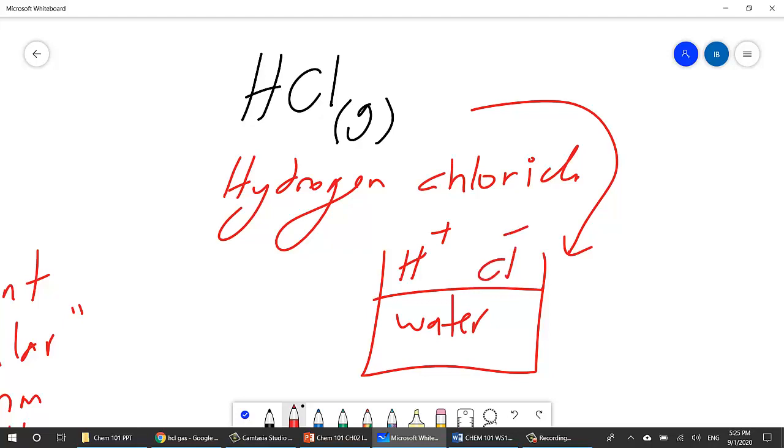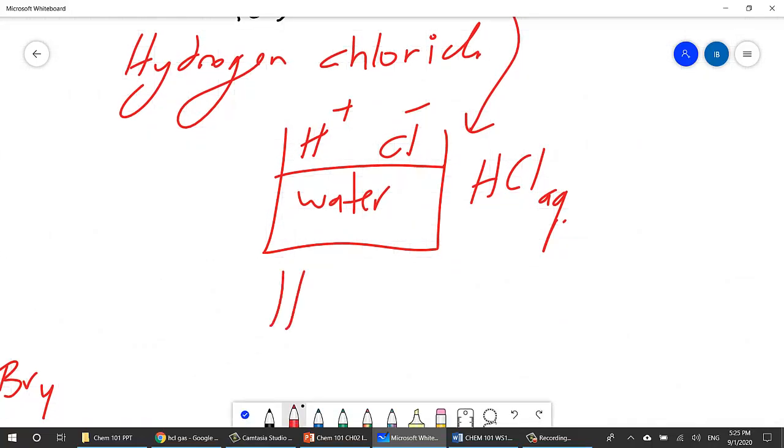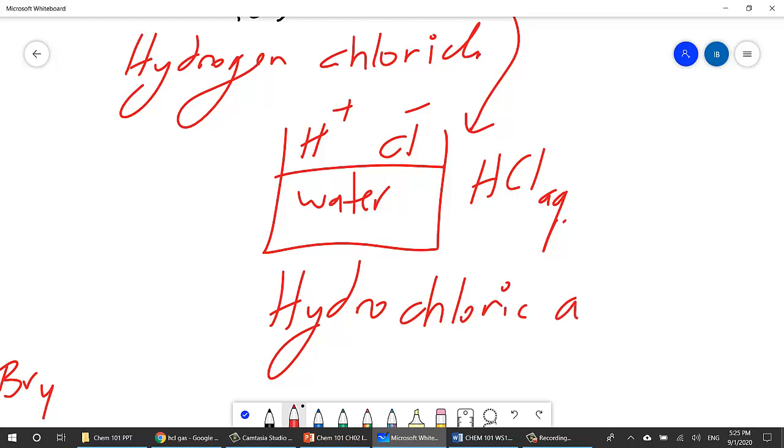So there is no HCl gas anymore. It's now all ions. And now we can refer to this as HCl aqueous, aq for aqueous. Now it has a different name. This is called hydrochloric acid. HBr follows the same story.